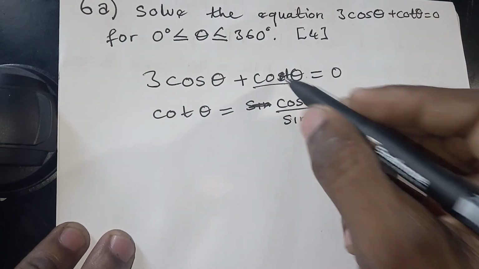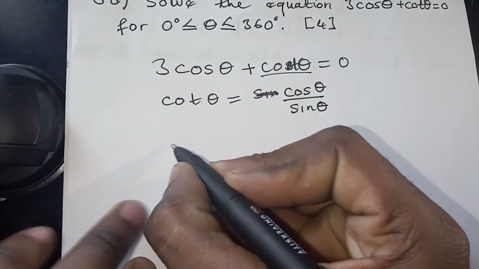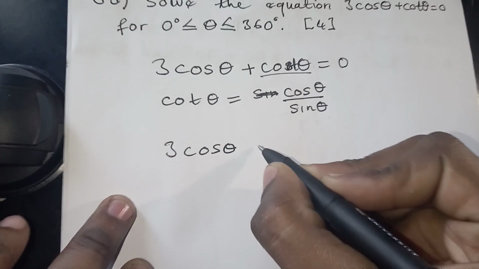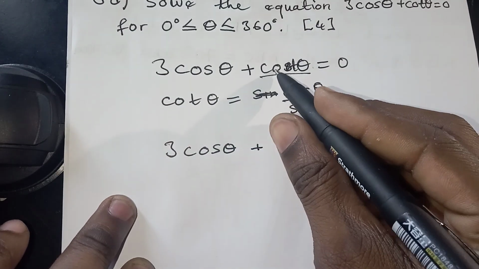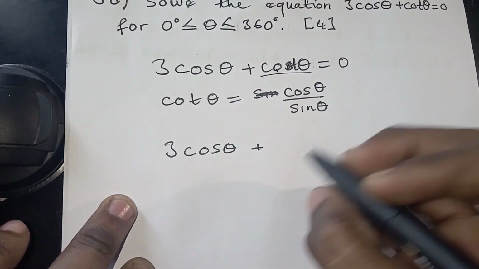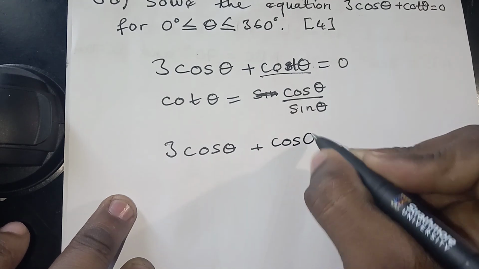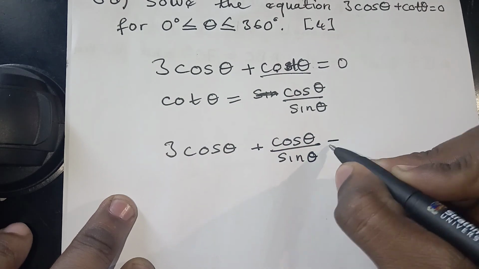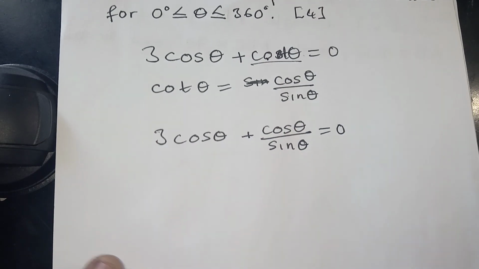So you can just substitute this in there and say this is 3 cos theta plus, instead of using cot there, you can use cos theta over sine theta, and equate everything to 0.